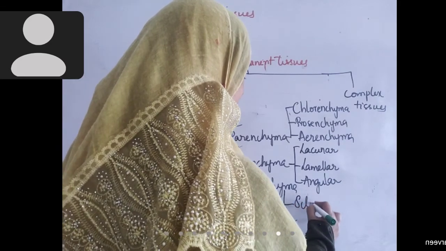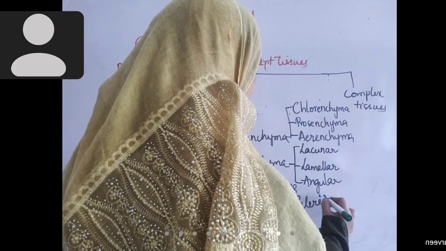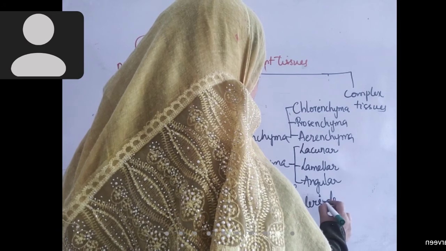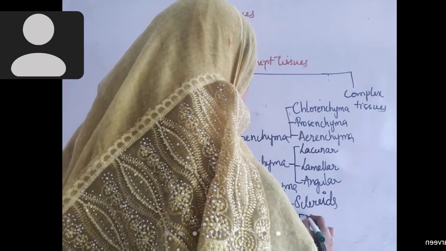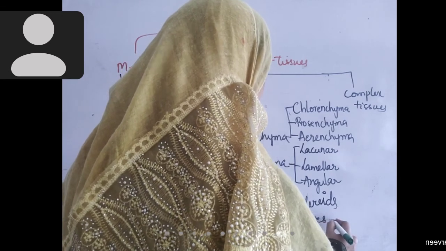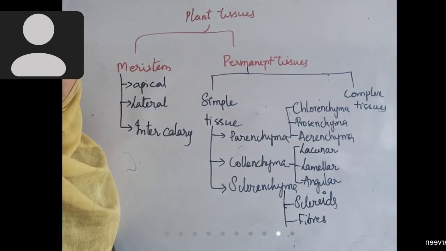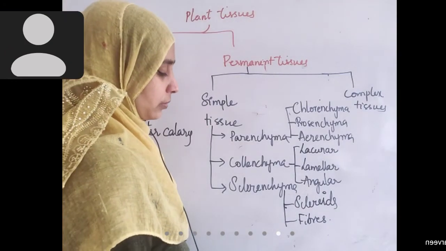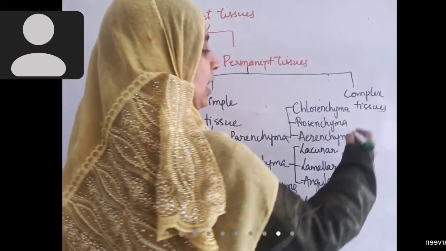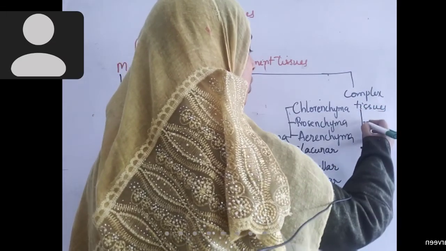One is sclereids, irregular, hard cells which have a dried lumen, and fibers which are long with tapering ends. They also have a very thick secondary cell wall, and they help in providing mechanical support.